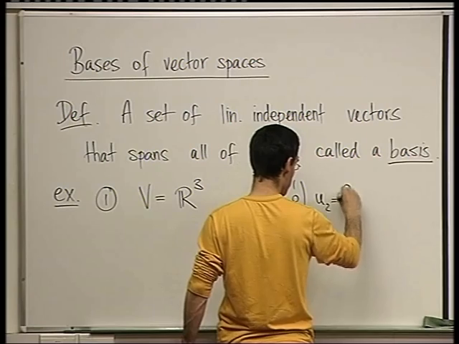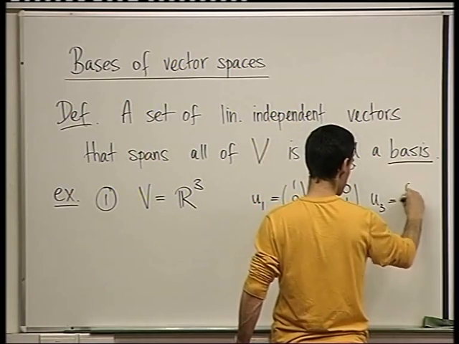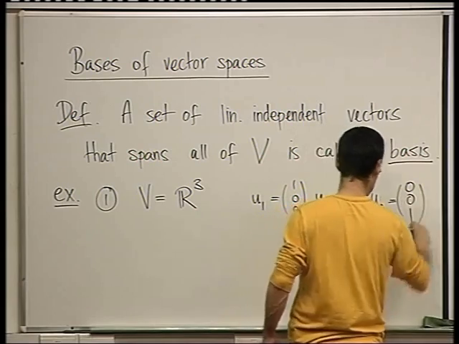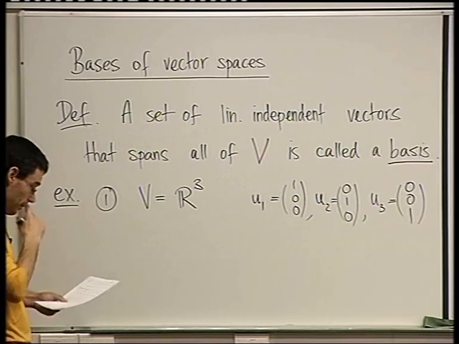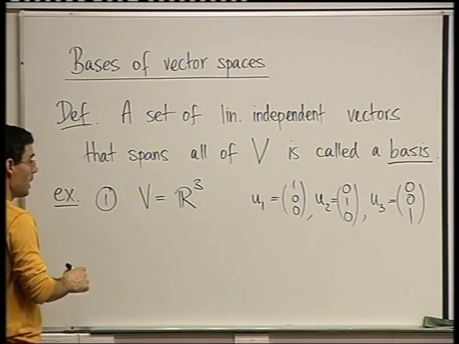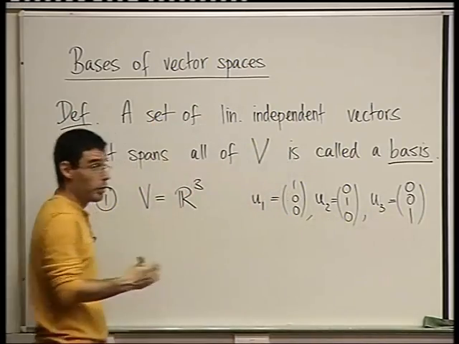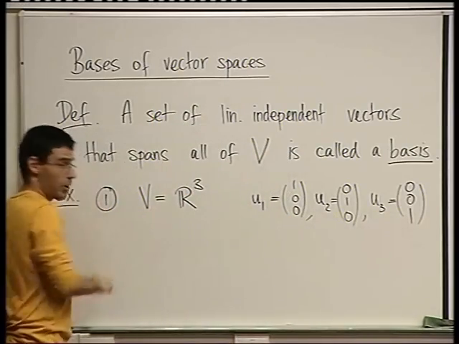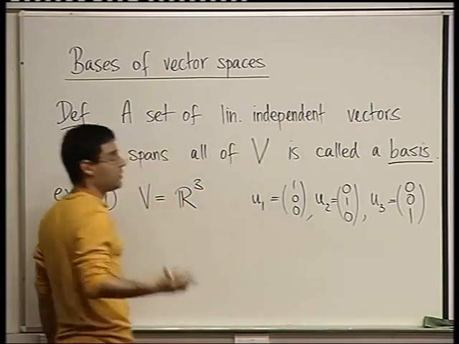U2 is going to be 0, 1, 0. And U3 is going to be 0, 0, 1. Let's look at the set U1, U2, U3. So first of all, in order to say that these together form a basis for R3, we need to show two things. We need to show that they're linearly independent.